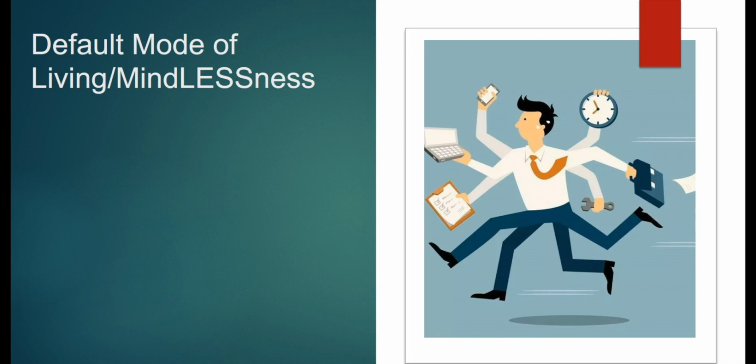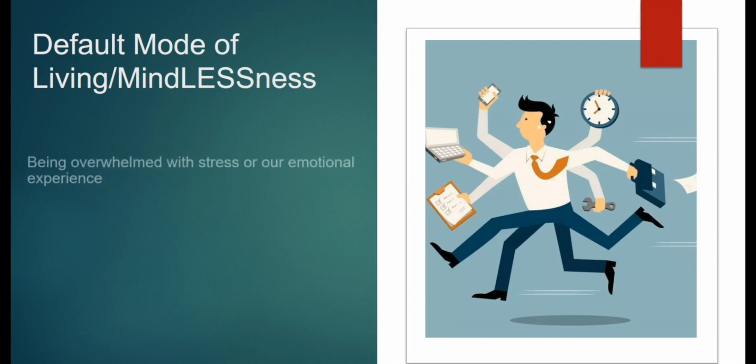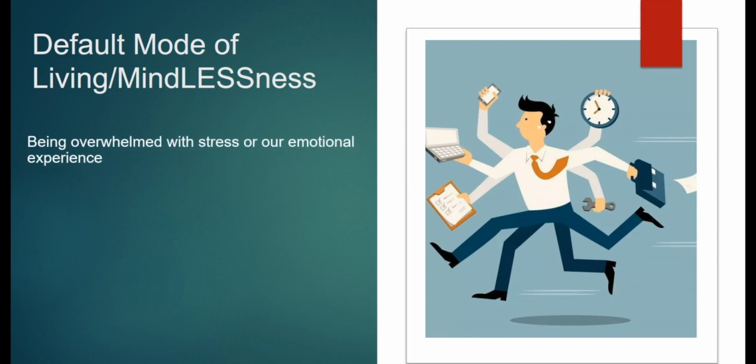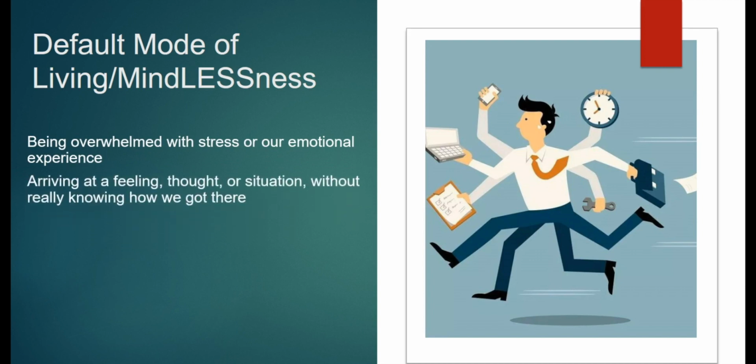When we're operating in the default mode, we're often struggling, but we don't even have the presence of mind to know that we're struggling. We might be feeling overwhelmed with stress or our emotional experience. And similar to the eating example we had earlier, we might arrive at a feeling, thought, or situation without really knowing how we got there.